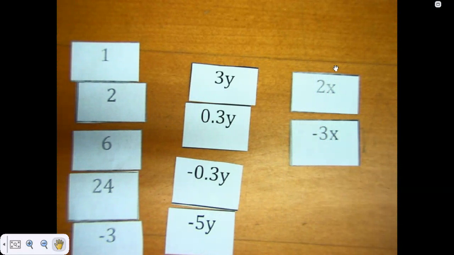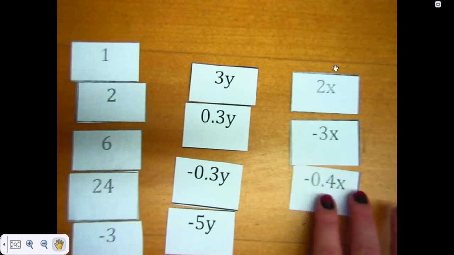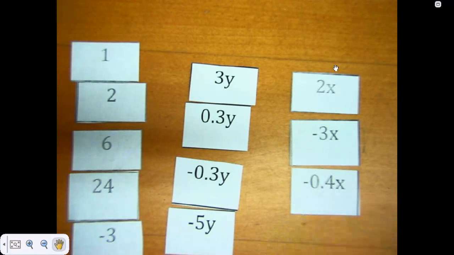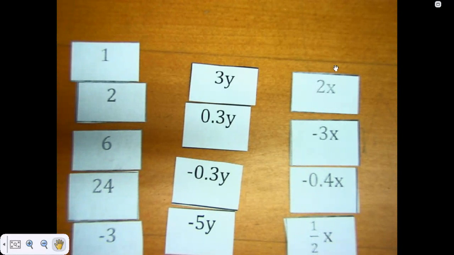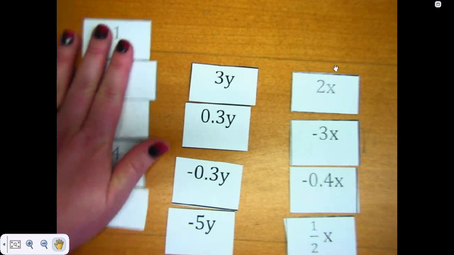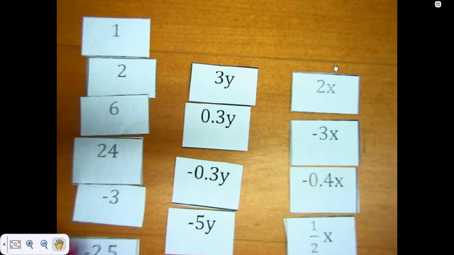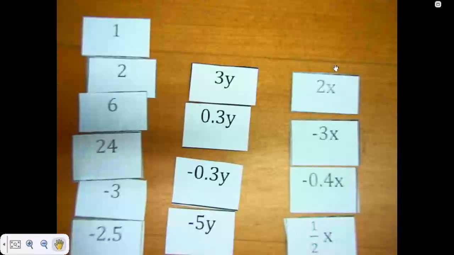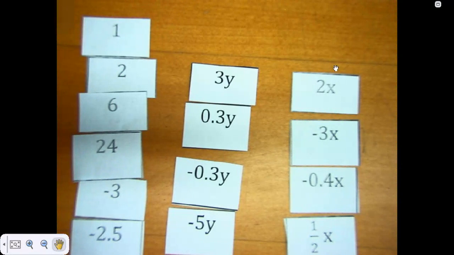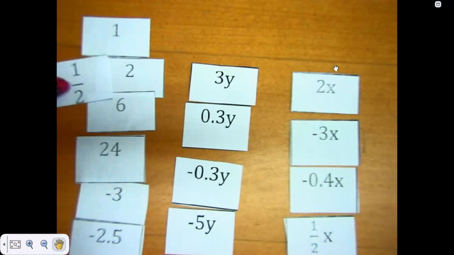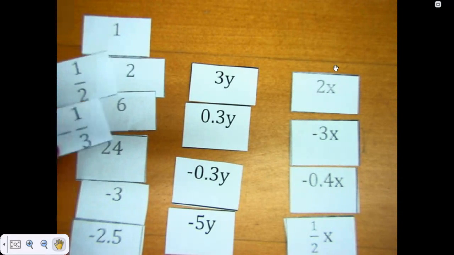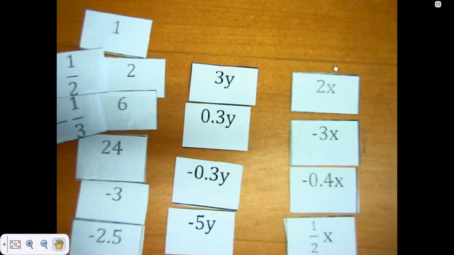Like I said, it doesn't matter if they have a decimal or a fraction. If it's got an x with it, it's like, because it has a coefficient and a variable. So we have whole numbers or just regular numbers, and it doesn't have to be all whole numbers. It can be decimals that are just regular numbers with no variable, because we know what they are. Negative 1/3 could go with the regular numbers.